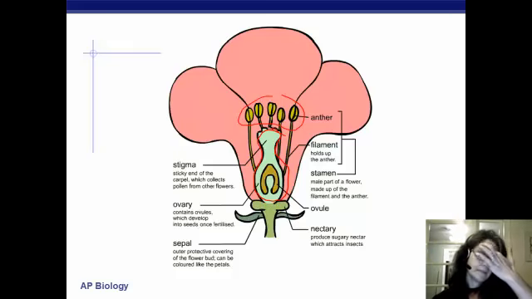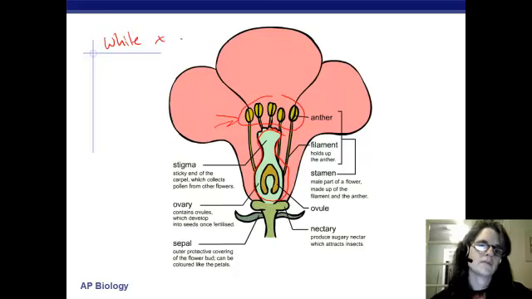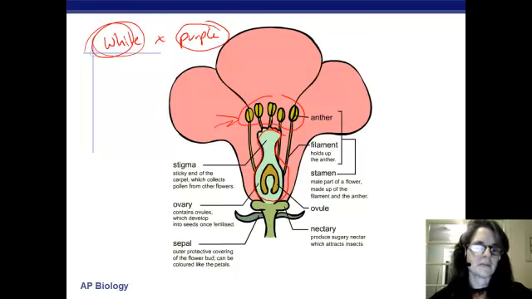Now, he would basically yank the male parts out of a plant. Sorry, fellas, that's what he'd do. He'd just take them out. And for example, if he's crossing white with purple, perhaps he would yank the white male parts out of this white plant. He'd also get rid of the male parts out of the purple plant.